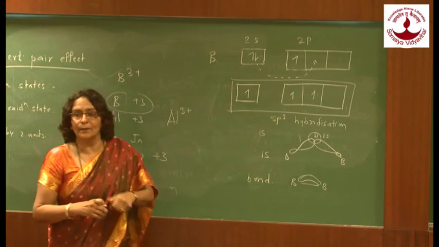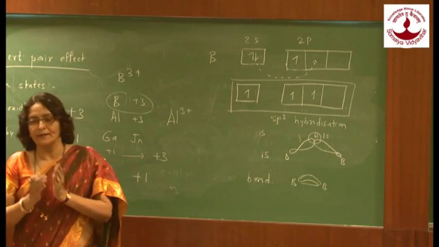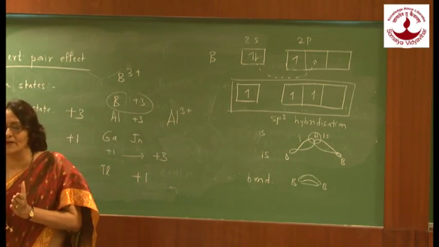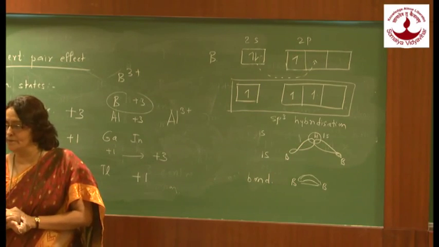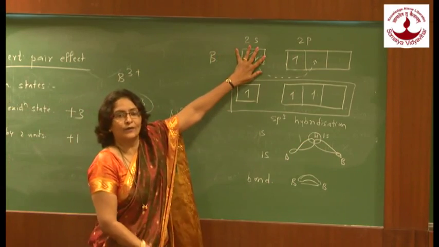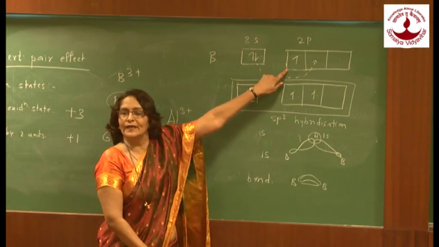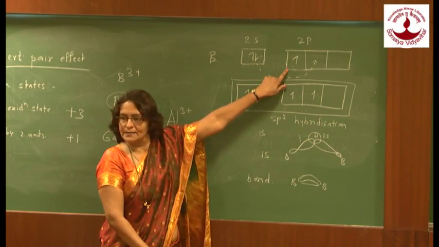So what is inert pair effect? It is the reluctance or the inertness of the pair of ns electrons in taking part in bonding. So when this pair of ns electrons does not take part in bonding, what happens? You will get +1 oxidation state, and not +3.